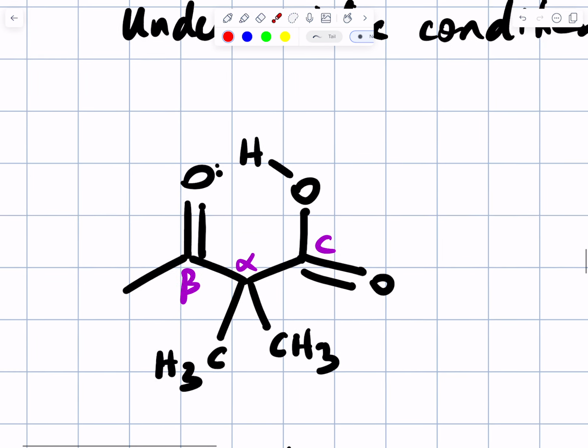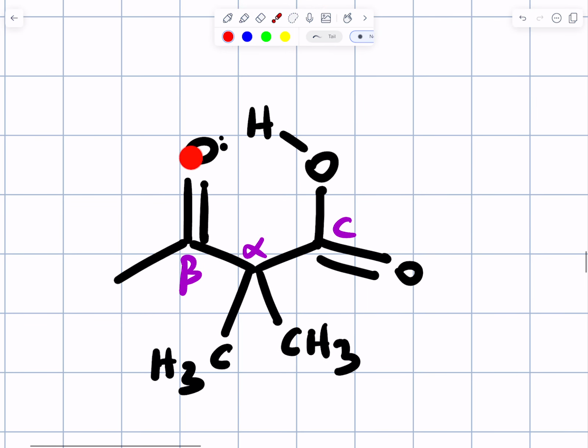Right. So the carbonyl oxygen is hydrogen bound with the acid proton. Now let's imagine what would happen if it stole the acid proton completely. So let's show the carbonyl oxygen removes a proton from the acid. That would lead to a buildup of negative charge on this oxygen, right? These electrons, as negative charge is building up on this carbonyl oxygen, can act as a kicking off group to kick off the alpha carbon.